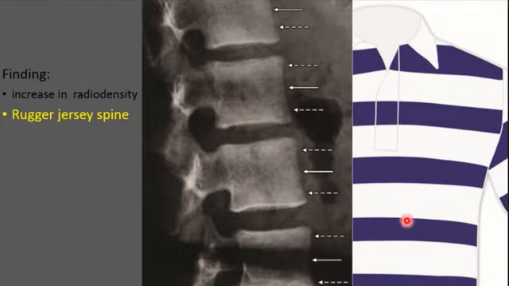In this radiograph, we see there is a diffuse increase in the bone density, especially in the axial skeleton. Another term is rugger jersey spine. It's called that, I think, because it looks like the jersey of a team.